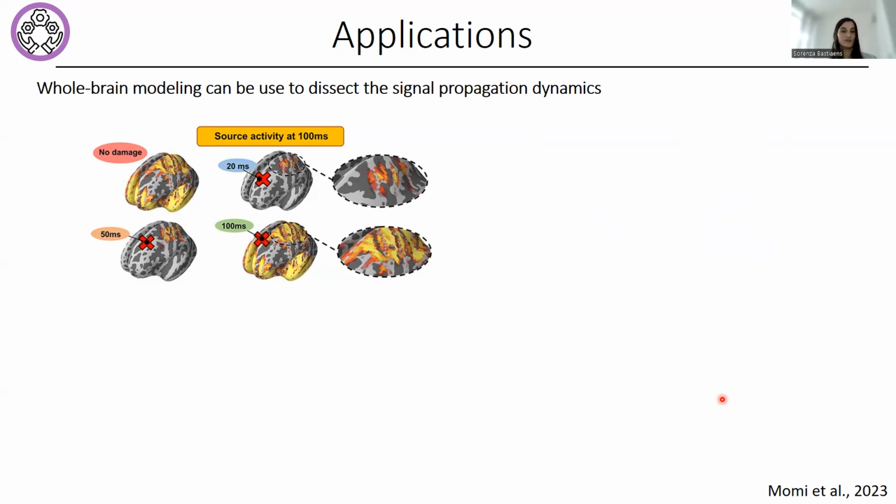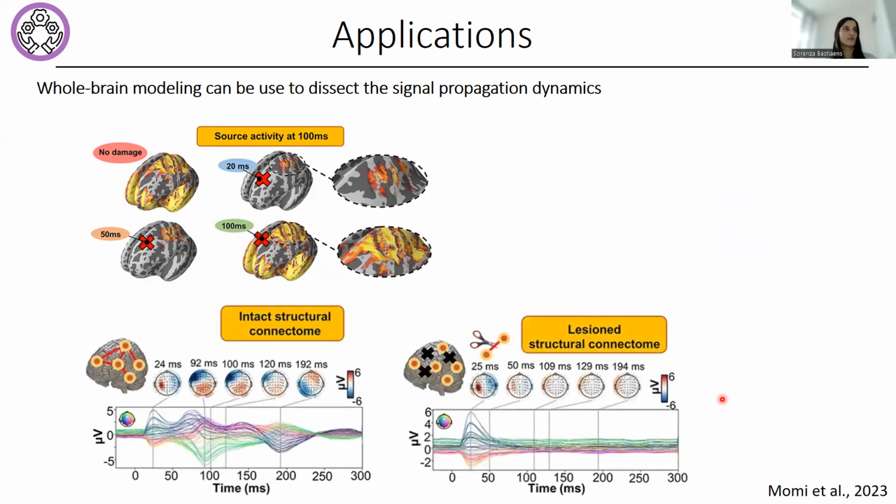And they did that using a whole brain connectome model. So for instance, here in the first instance, they were looking at how, depending on when the lesion is made, the signal will either propagate or not. So this investigates the speed of the signal propagation dynamics.